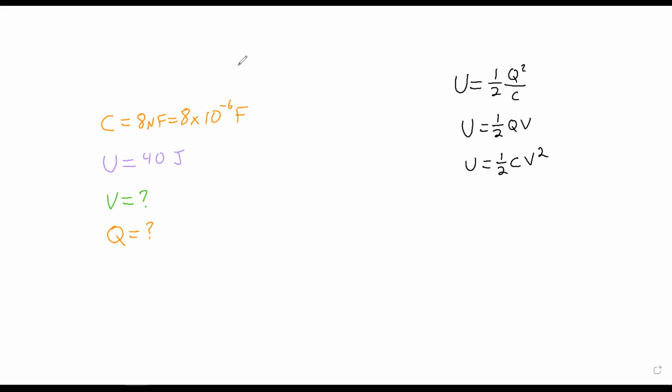So we can find the voltage. We've got the capacitance. We know the energy. And so we can use this one to find the voltage. The voltage is going to be the square root of 2 times U divided by C, if I solve for the voltage.